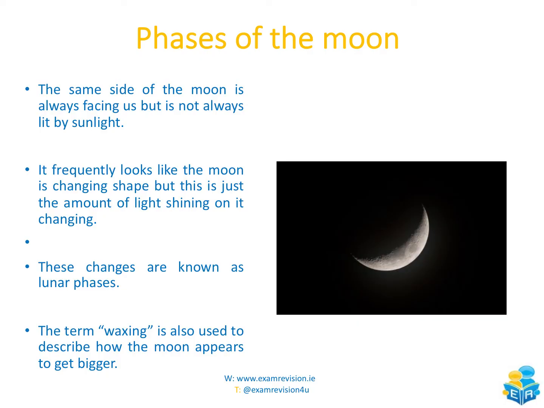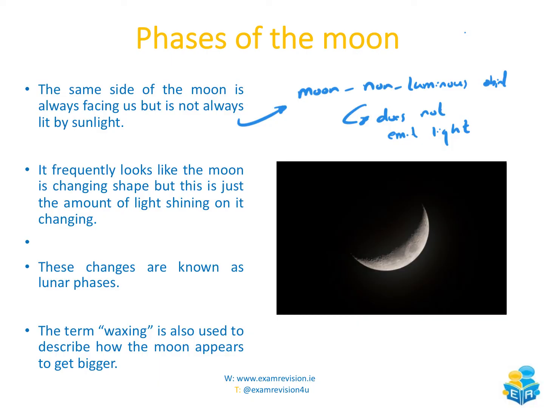So really important to mention here as well that the moon is known as a non-luminous object. And the reason for that is because it does not emit light. So yes, we can see it. It looks bright from time to time, but that's the light of the sun. The moon itself is not actually emitting any light there.